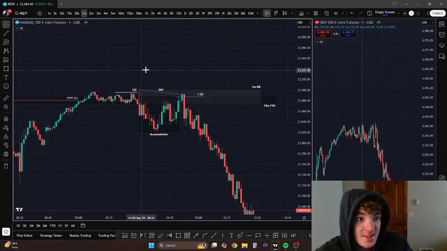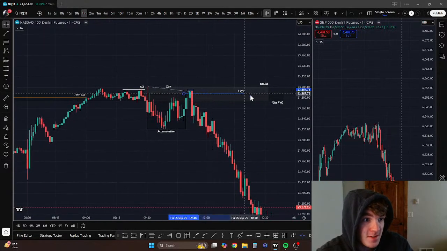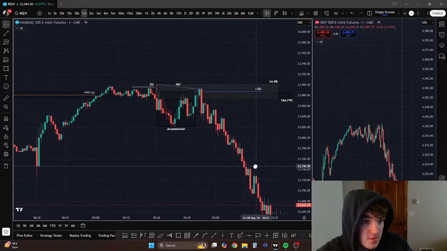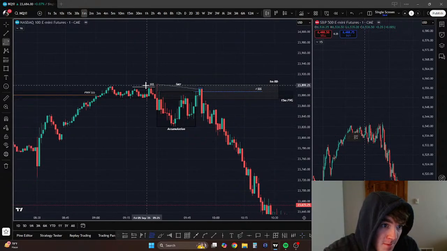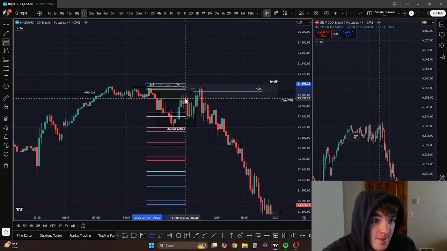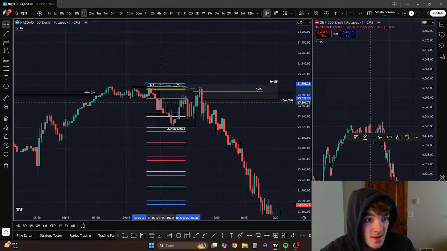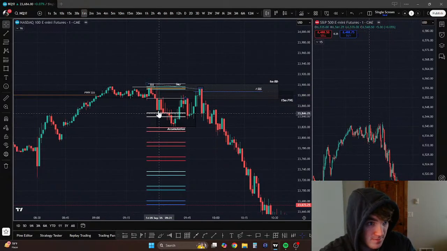And these are going to be the high probability rejection blocks, right? So let's measure out the high. Why is this a high probability rejection block? Because it swept out all those highs.